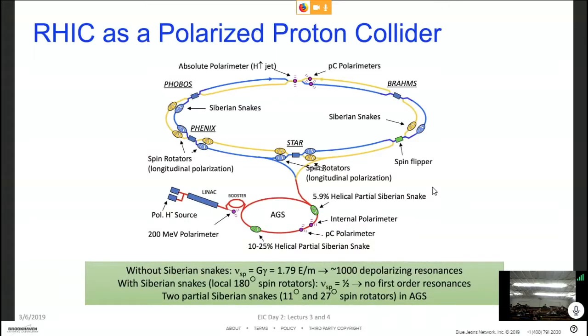This was unprecedented, and it was made possible by very special magnets called the Siberian snake magnets, which are shown here and which are shown there. There were 2 sets in each ring.